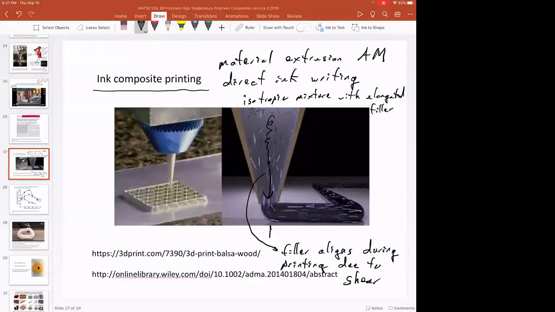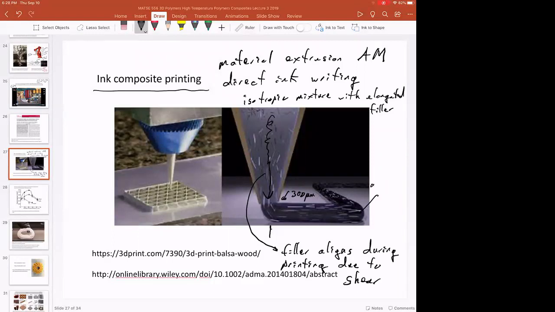So as you pump a fluid through an orifice, in this case a die, which is probably about 300 microns or so, these elongated fillers align in the rod.